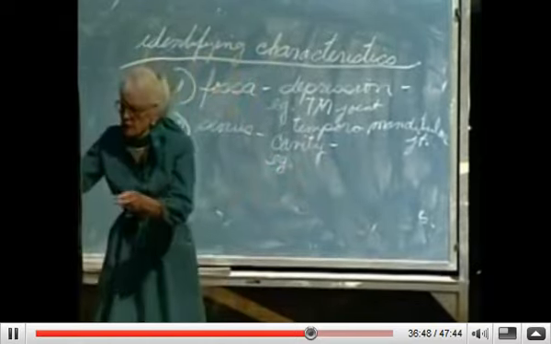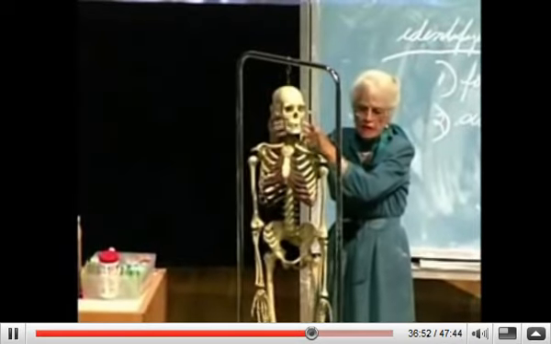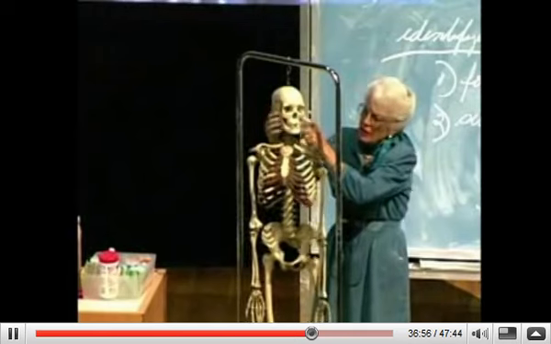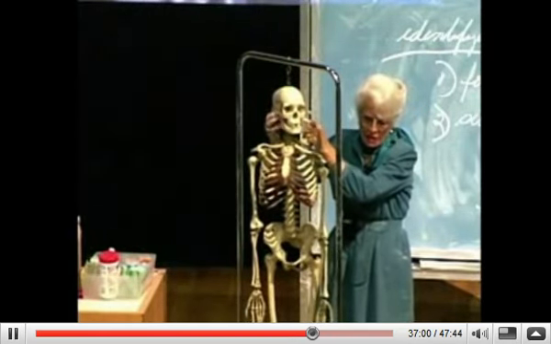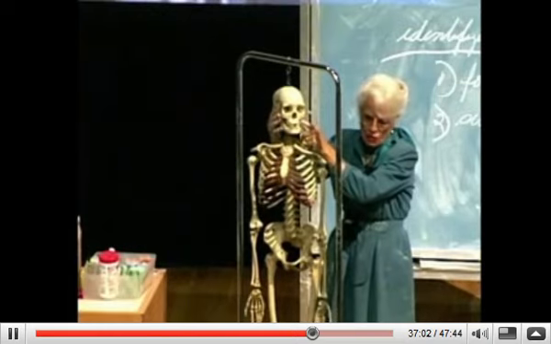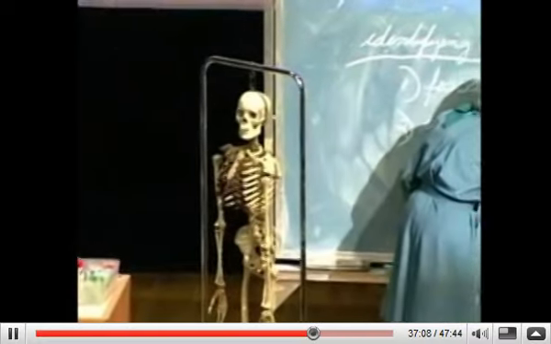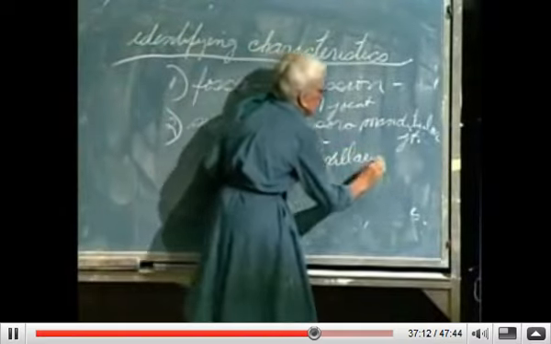We're going to take the maxillary sinus. How many have had infected sinuses? Quite a few. So you have cavities in certain bones. A cavity in the maxillary bone is the maxillary sinus. Maxillary sinus.